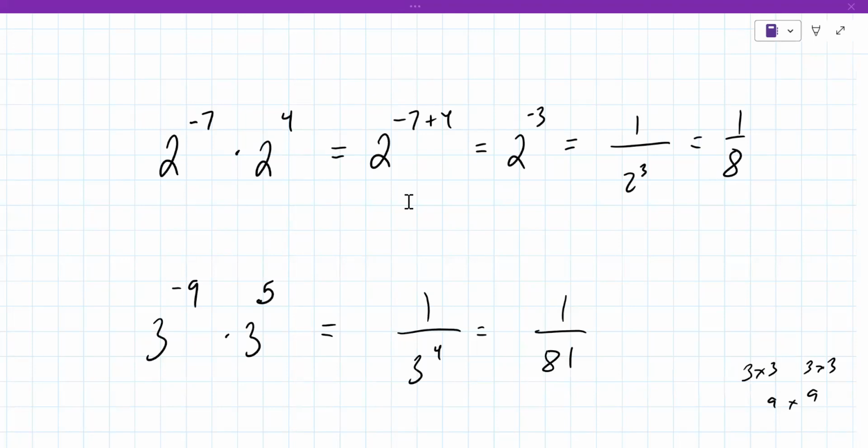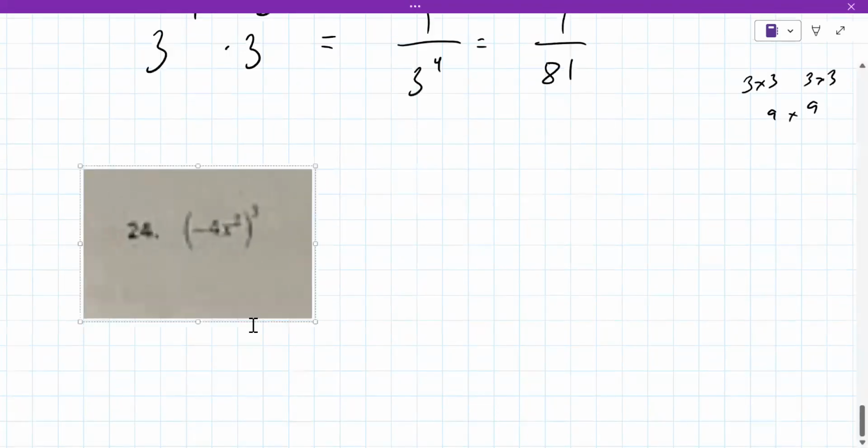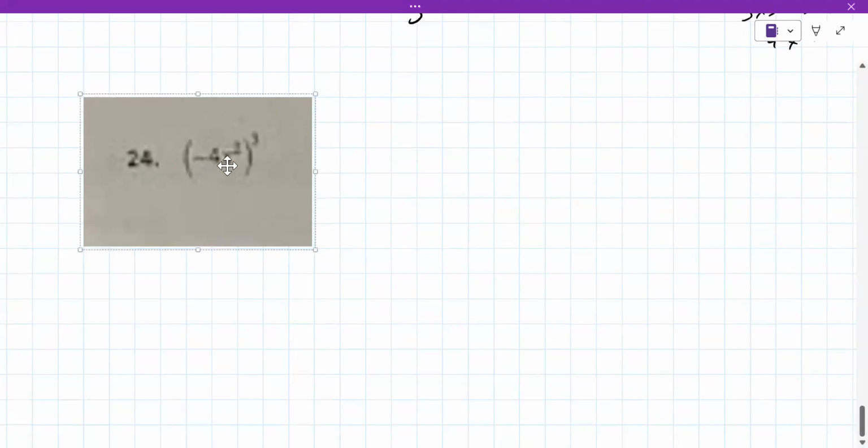All right. Let's look at the next problem here, 24. It's a totally different property, so kind of unrelated to what we've been doing. But just to confirm, this is -4x² to the power of 3. Is that what you see? Okay.